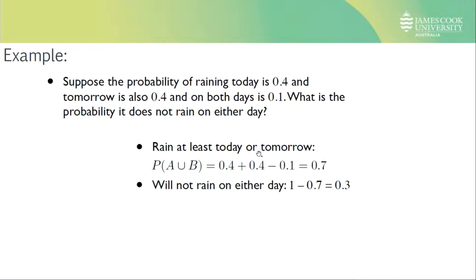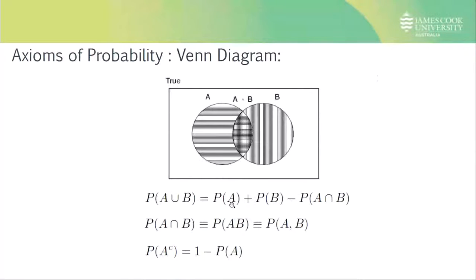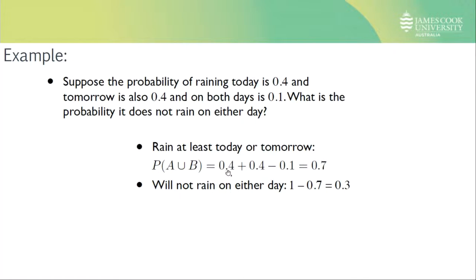So we know rain at least today or tomorrow. If A is today and B is tomorrow, then the probability of rain today or tomorrow is the probability of A plus the probability of B minus the probability of both days.